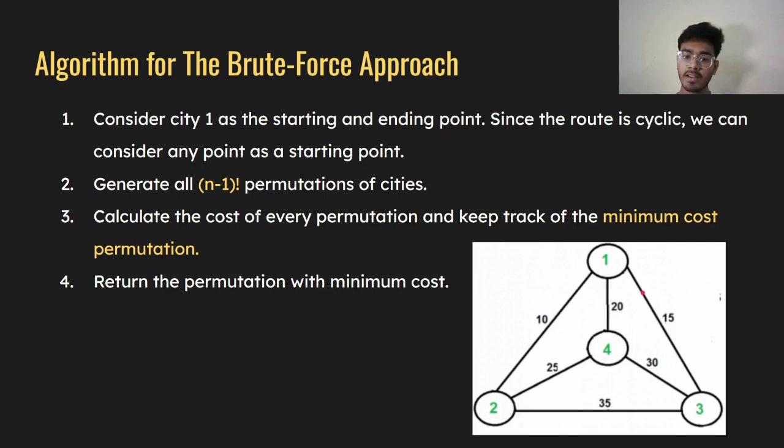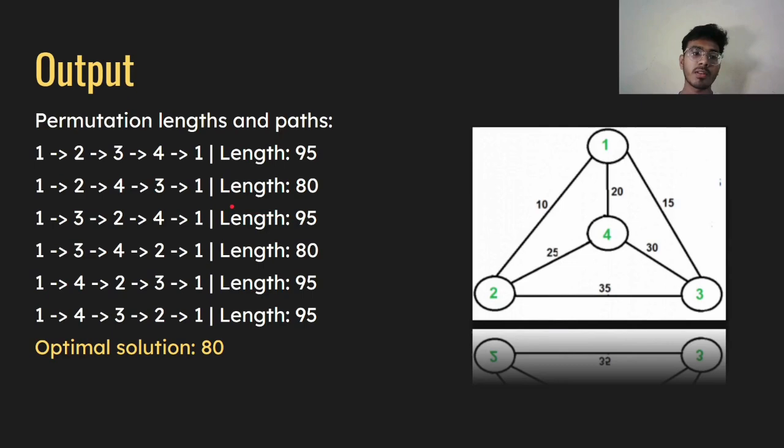The length is 95. Similarly, we'll be considering 3 more permutations and we'll track the minimum cost of all those permutations, and we will return the one with the minimum cost. So this will be the output, the lengths of all the possible solutions.